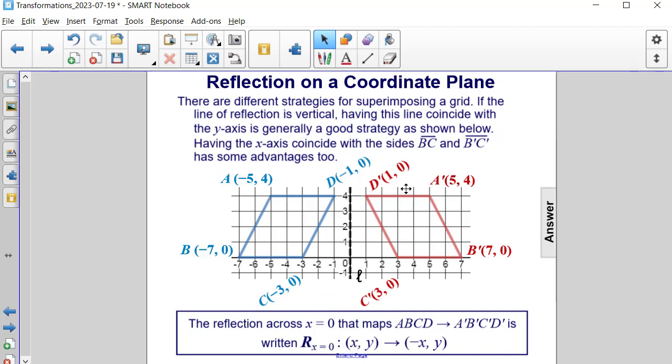Notice if we reflect across x equals 0 or the y-axis to map quadrilateral ABCD to quadrilateral A prime, B prime, C prime, D prime, it's written as a reflection across x equals 0, colon, x comma y becomes negative x comma y. Notice the x coordinates, the sign changed to become the opposite, which is why we have the negative out in front, and the y coordinates did not change at all.